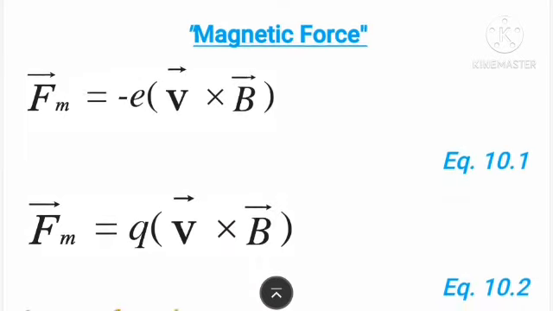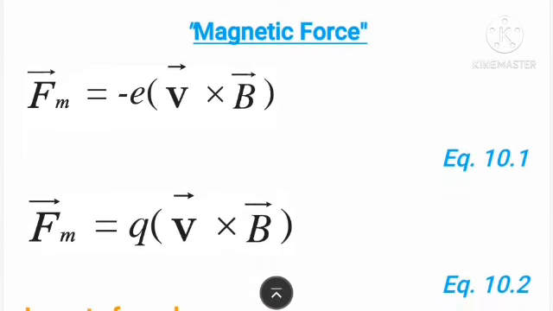Now the important point of this article is magnetic force. In magnetic force we have three different components: velocity, magnetic field, and the third one is magnetic force itself. All these three are vectors and they follow the vector cross product between them.